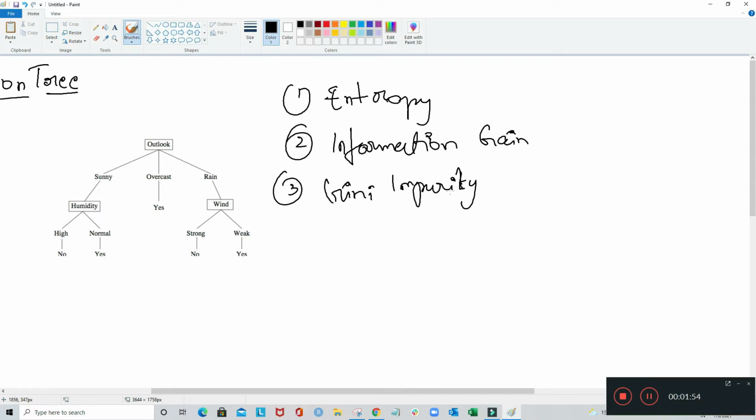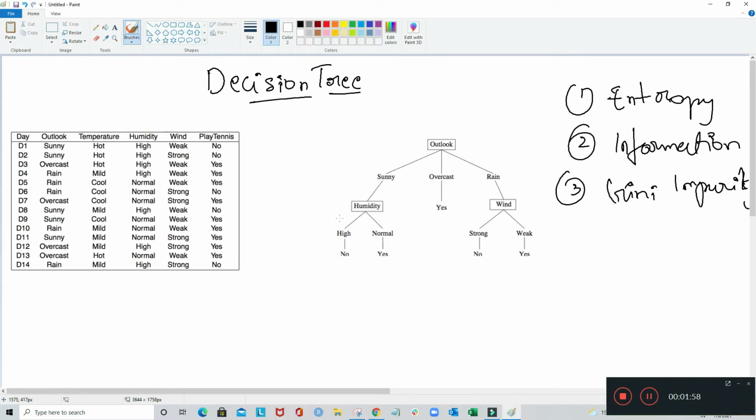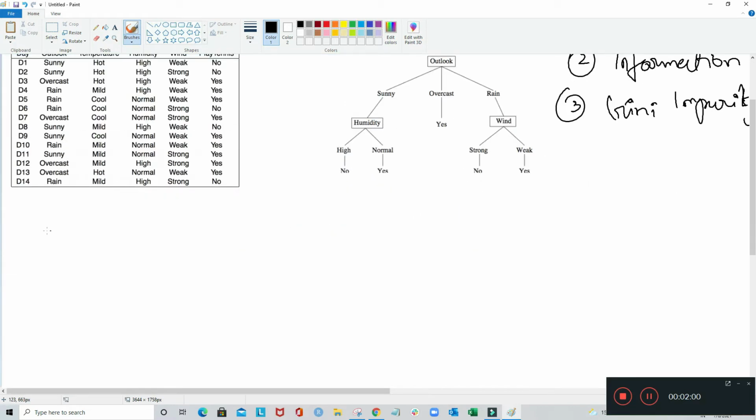Now, coming to entropy. The first concept is entropy.